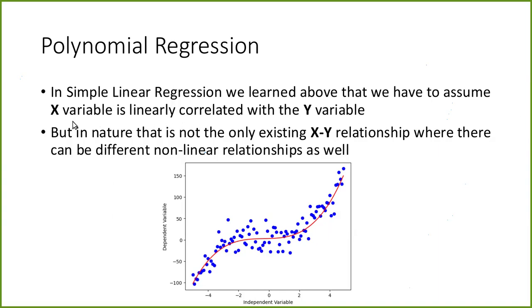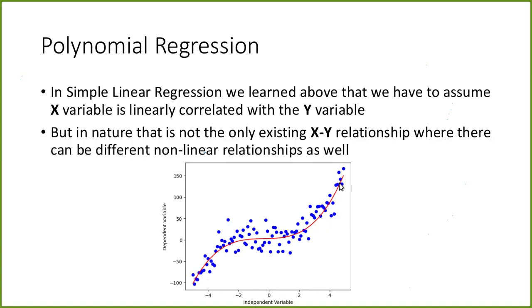In the earlier case, for the linearity assumption, we have to make sure that these x variables are linearly correlated with the y variable, right? But say that you see a relationship like this, for the x1 independent variable with the y dependent variable. So this is the regression line, the red line, but this is not a linear regression, right?